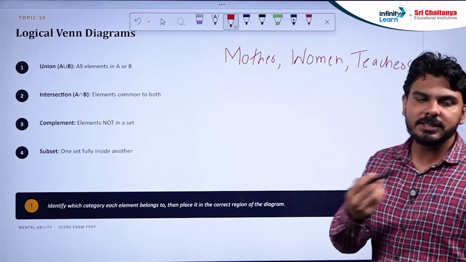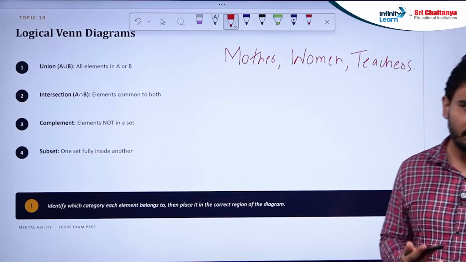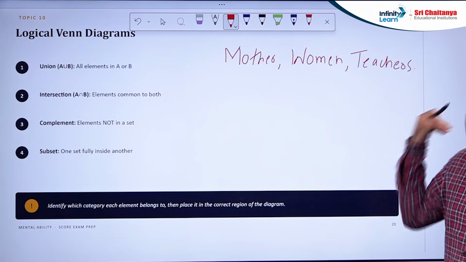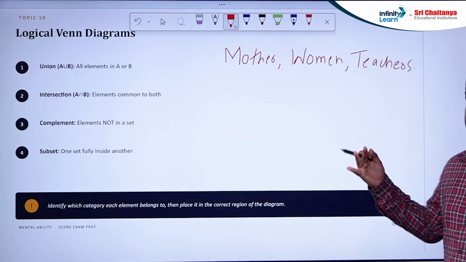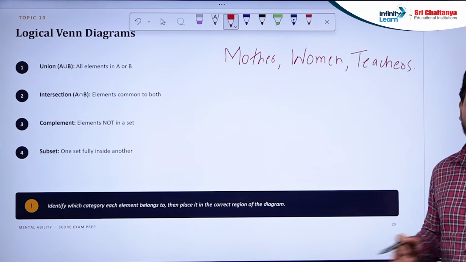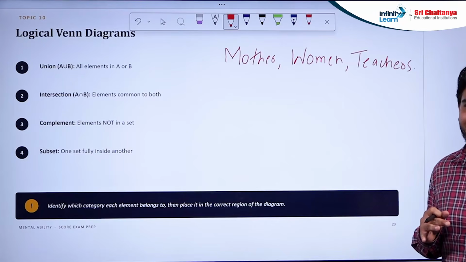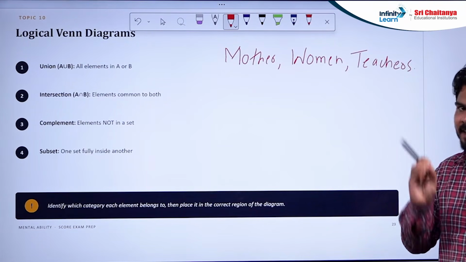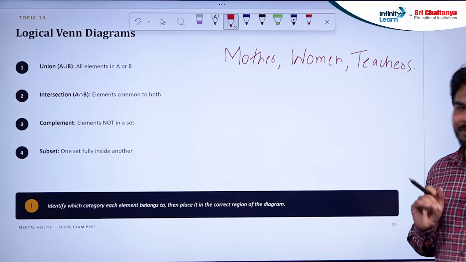If you know, you can just draw this Venn diagram in your notebook. I will tell you the solution in the class only, because I'm telling you, even if you know how to solve this question, 80% of students will give the incorrect answer. Okay, and the real answer will shock you, and you will agree with it, but it will shock you also.